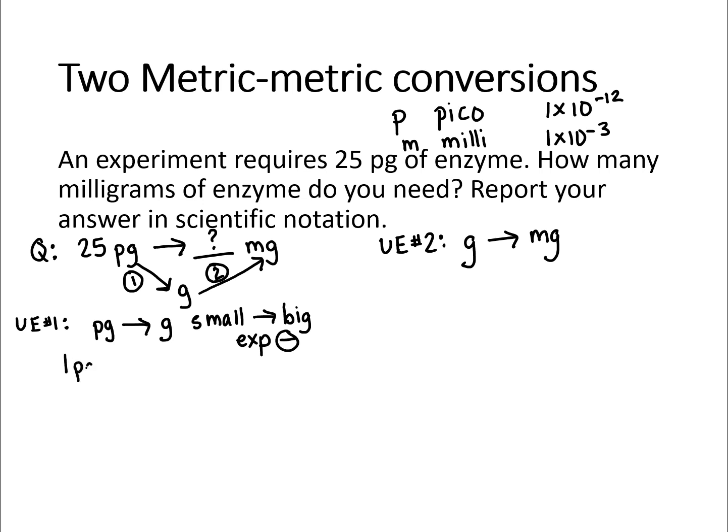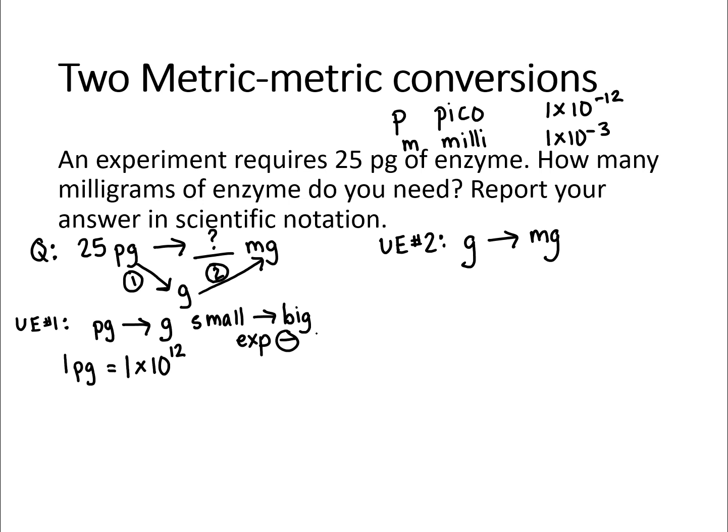So if I have 1 picogram, equals, keep writing that doggone arrow. Got arrows on the brain. Then I go to the chart and I just want the number for the exponent. I'm going to use my own logic to figure out whether it should be positive or negative.